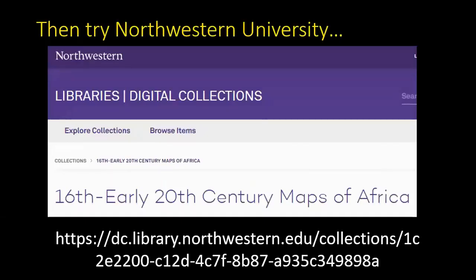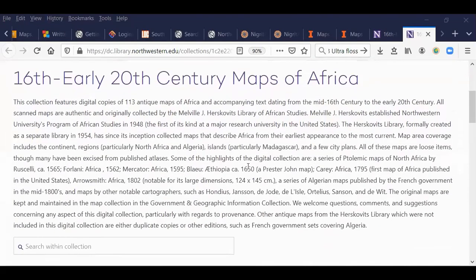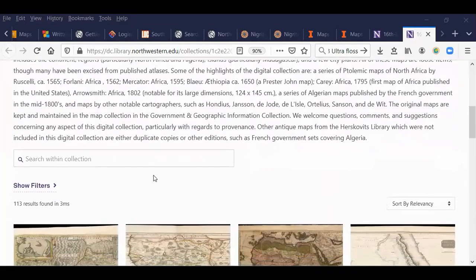Then go ahead and try the Northwestern University Library. This is one of the oldest collections in the United States, and it's very valuable in terms of situating some of the maps that we need to get access to and study in detail. The landing page to the Northwestern collection looks like this, and you have to scroll down a bit to be able to refine your search.